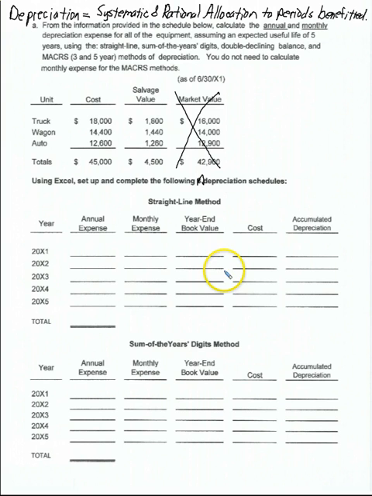So if you flip through your pages, you're going to see I've got 2 schedules for depreciation here, and there's 3 on the next page. The first method, the straight line, you've seen before. The straight line just takes cost, right, of $45,000, and we subtract the salvage of $4,500, and that gives us $40,500, and that's the amount to be depreciated.